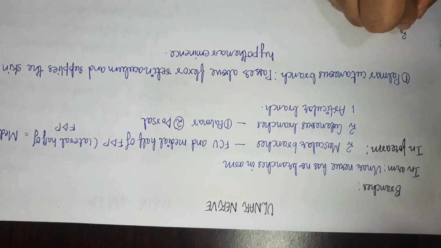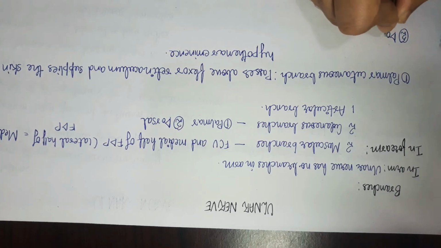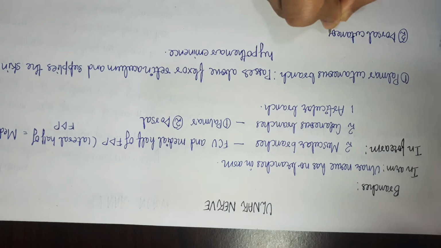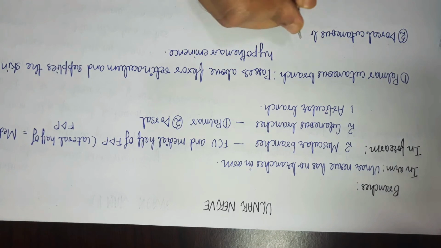Second, the dorsal cutaneous branch. The dorsal cutaneous branch is present dorsally and it winds around the medial border of the hand and reaches the dorsum.